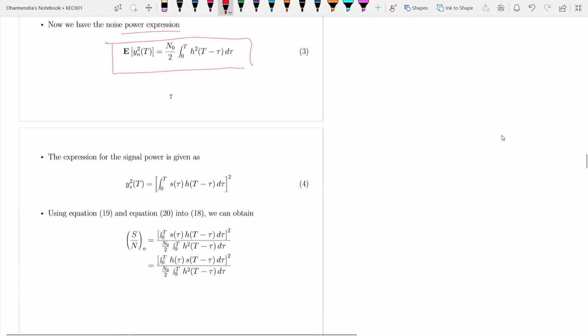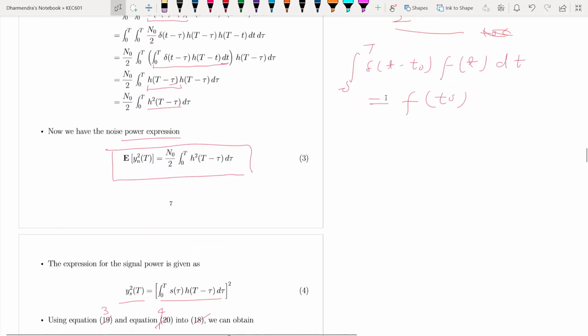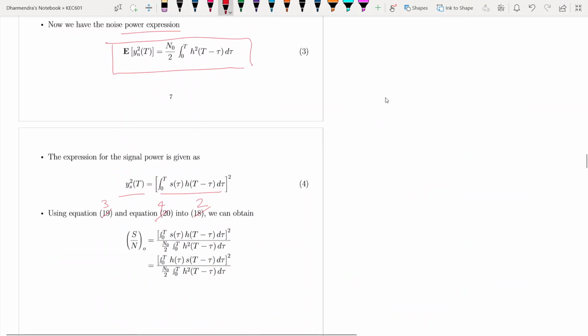Now the expression of the signal power is the square of ys of t. So ys of capital T is this. Square this. There is some equation number that is wrong. Use 3 and 4 in 2, and we can obtain this.